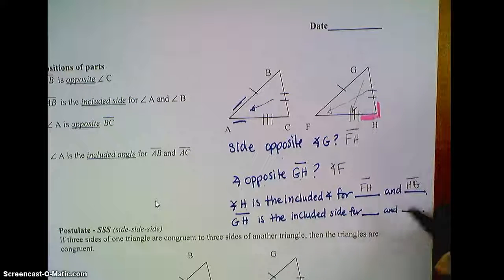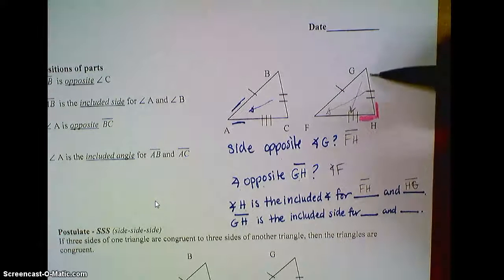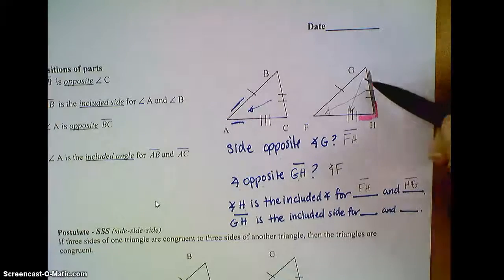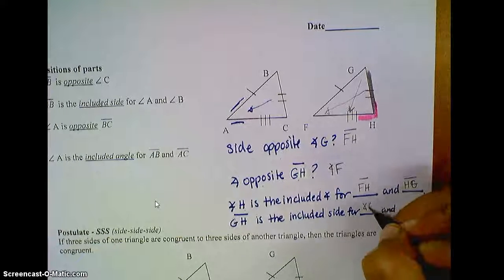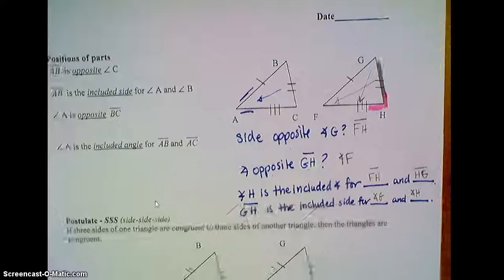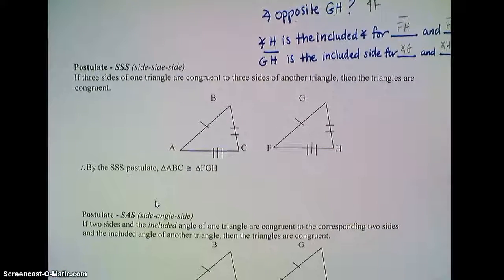Hopefully you got that. And then I ask you segment GH, what two angles include it? So if I look at segment GH, the two angles that are grabbing segment GH would be angle G and angle H.